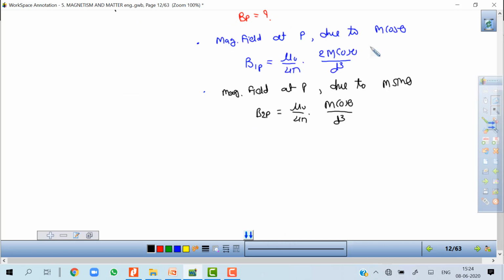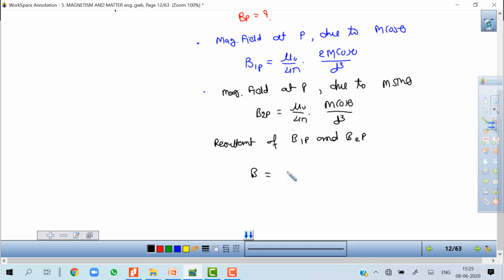So both vectors are mutually perpendicular, so we get the resultant of B1P and B2P. Let us take the root of the square of this plus the square of that.